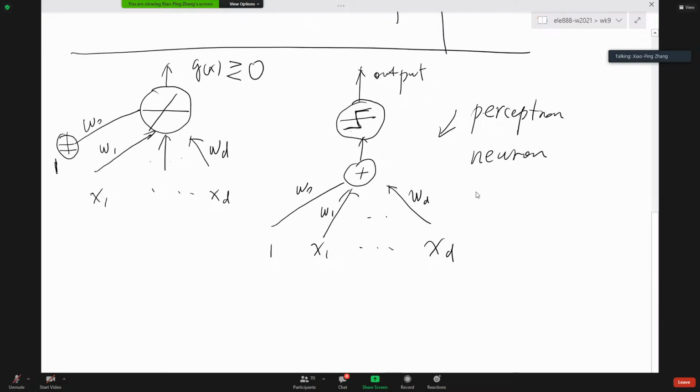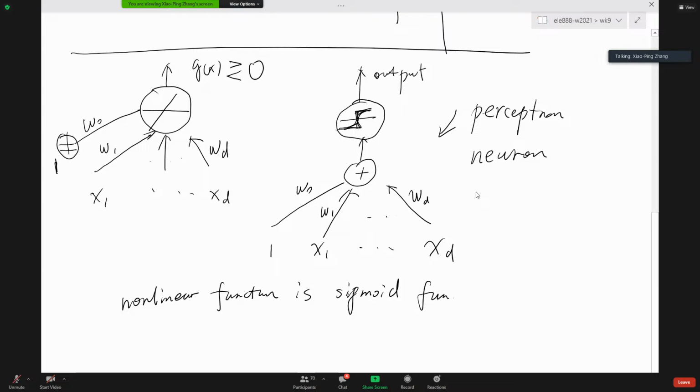So if this function is not a threshold function but a nonlinear function such as a sigmoid function, I will discuss the details of the sigmoid function later.